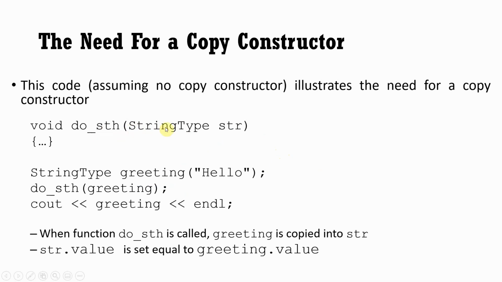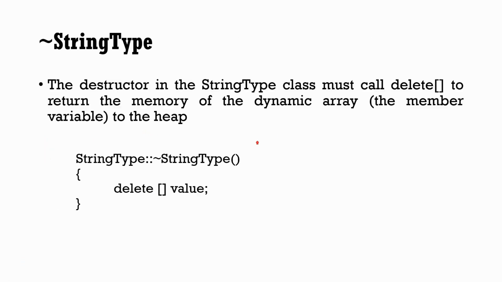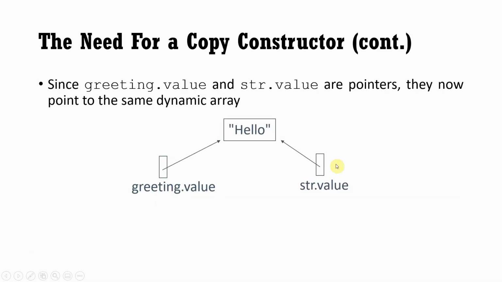At this point, when we get out of this function, str is going to call the destructor. Now if we have a destructor that deallocates the dynamic array, like this one, what's going to happen?